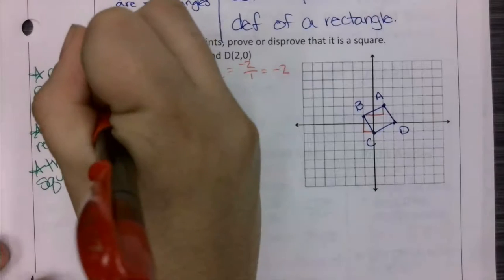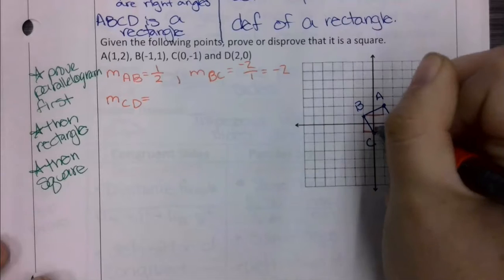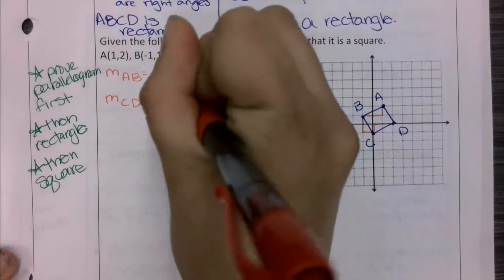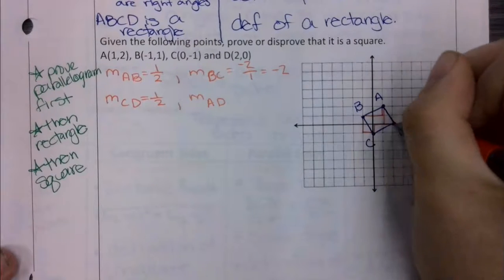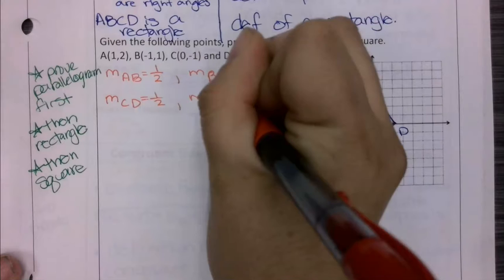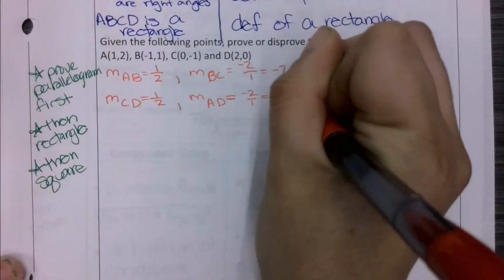I have the slope of CD, 1/2. And then my slope of AD. So that one's not 1/2. -2/1, which is just -2.